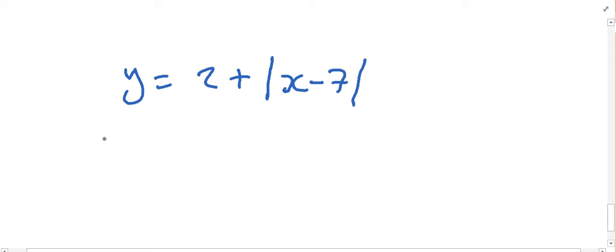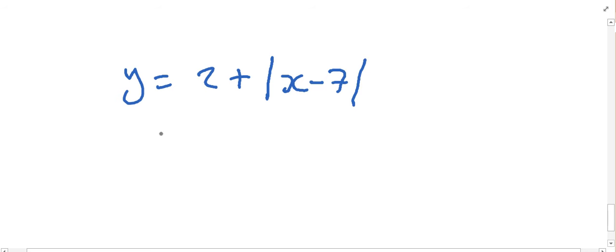The first thing you also need to take note of is the value of y when x is 0. Actually, in some books, this can be said to be the vertical shift. But anyway, let's do it.